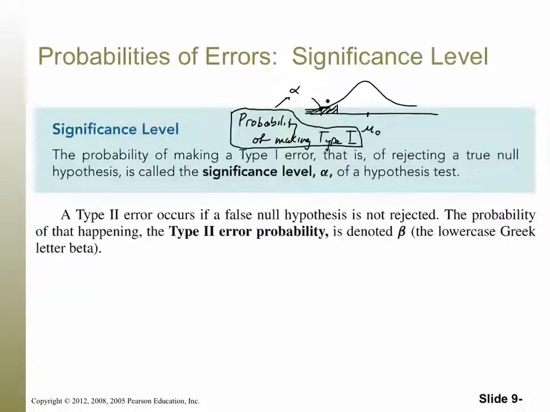We're going to reject because we're significantly lower, but if we shouldn't have rejected, then that's the percent chance that we're going to reject. We end up with a z-score over here when we shouldn't have. So it's the probability of making a type 1 error, and that's called the significance level.